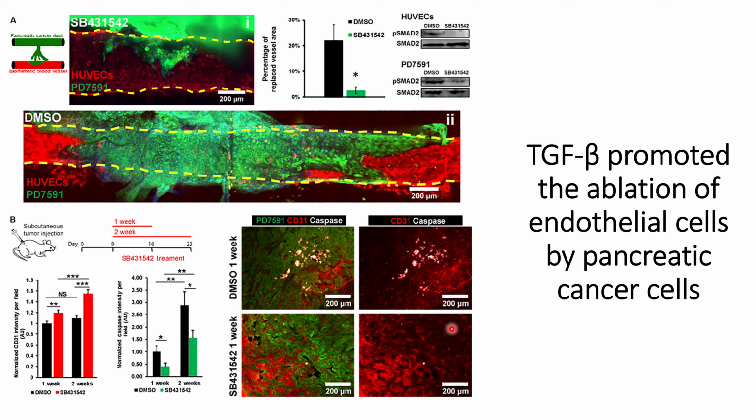So this indicates that although TGF-beta plays a role in the ablation of the endothelial cells, it does not affect the tumor growth too much, as the tumor growth between the control case and the SB431542 reagent case are almost similar, and those data are available in the supplementary figure.